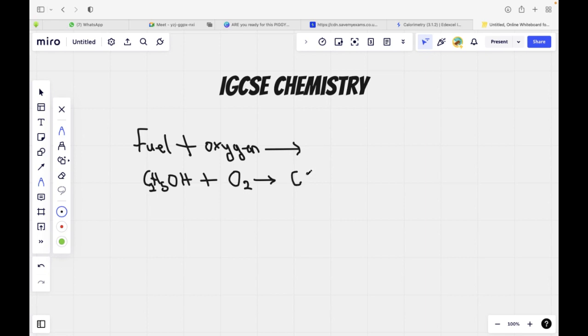If there's a complete combustion, it will produce CO2. If there's incomplete combustion, it will produce carbon monoxide, which is super dangerous. Okay, so if there's complete combustion, there will be water produced, and also plus energy. This energy is heat energy, of course.